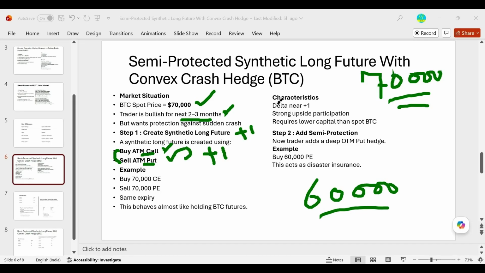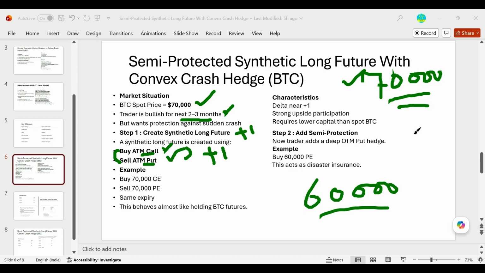But here, the trader who invests in this kind of strategy has a long term goal and thinks that the asset will never become zero. If the asset becomes zero, the trader will lose heavily, and the entire 70,000 value will be lost.